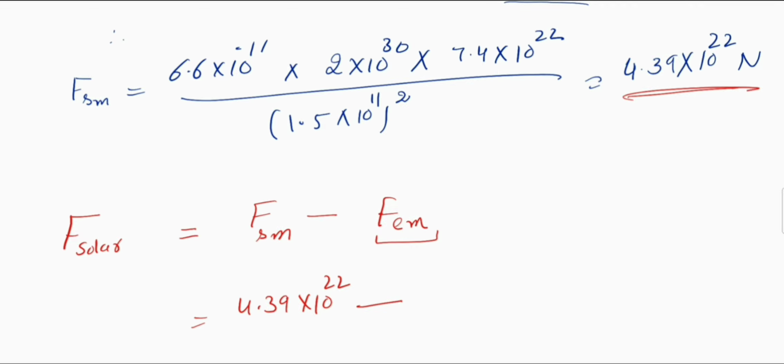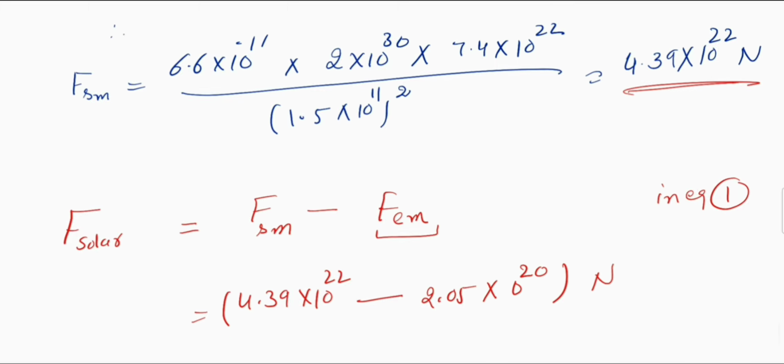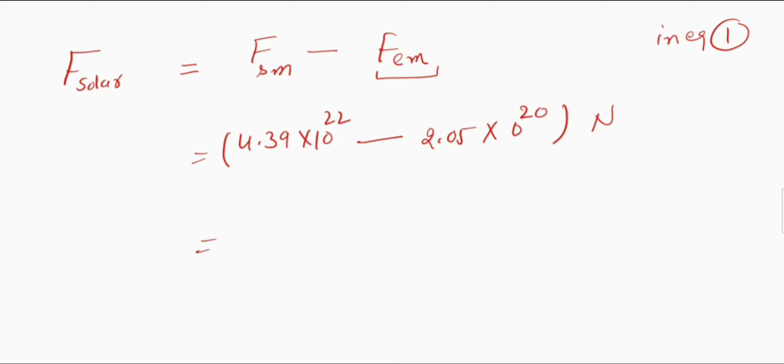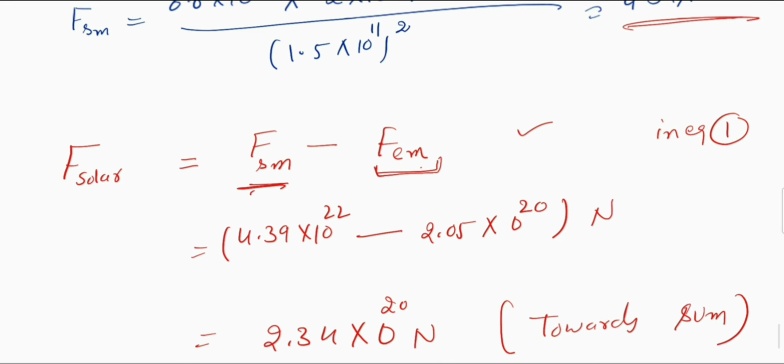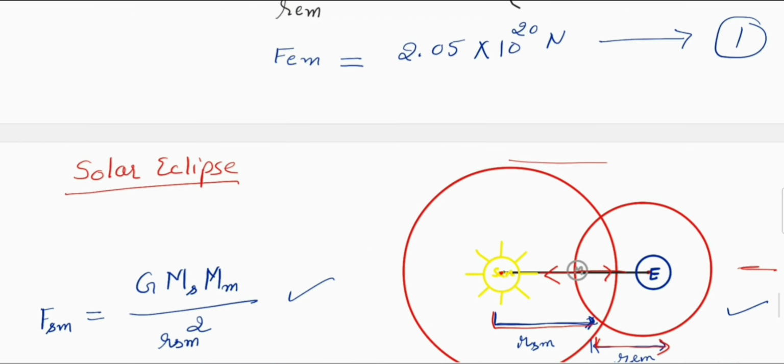We have got this in equation 1, which is equal to 2.05 into 10 raised to power 20 Newton. If we solve this, we'll get 2.34 into 10 raised to power 20 Newton, and this force will be towards sun, as the force on the moon due to sun is greater than the force on the moon due to earth. So net force will be towards sun.